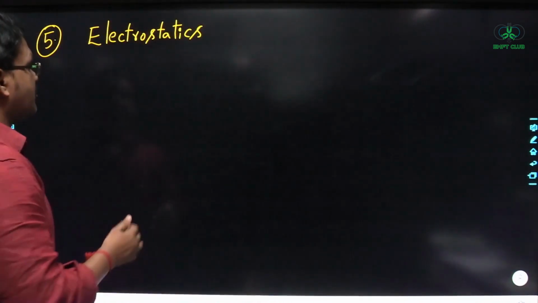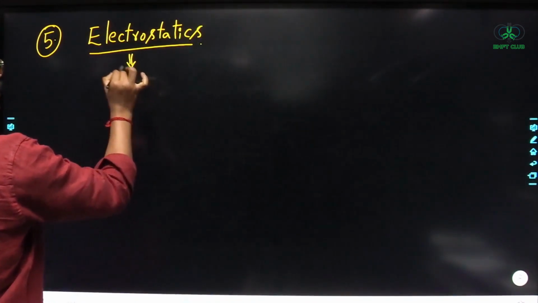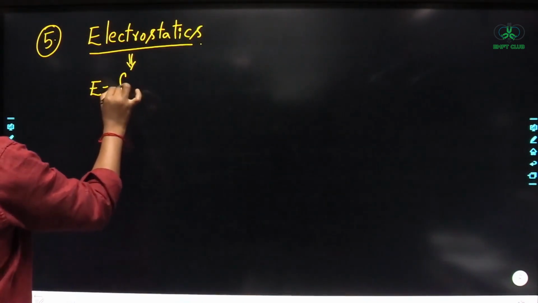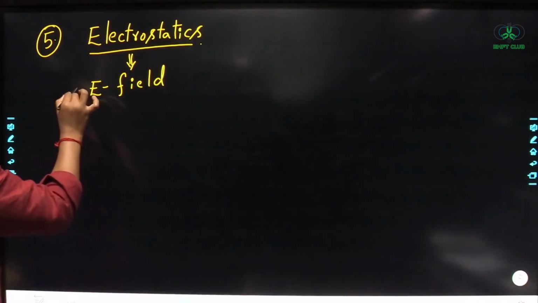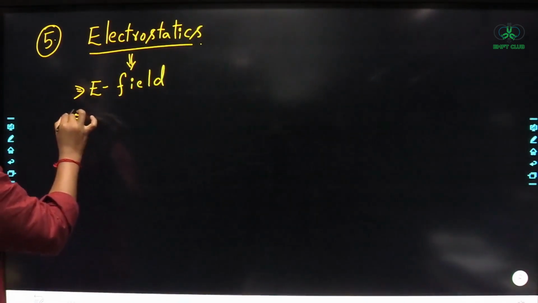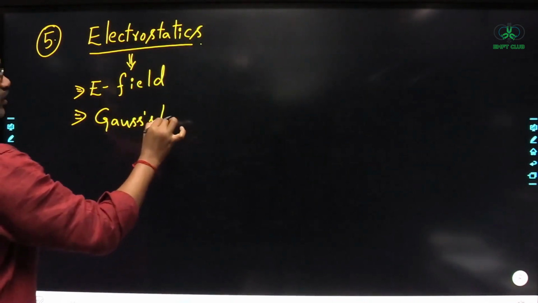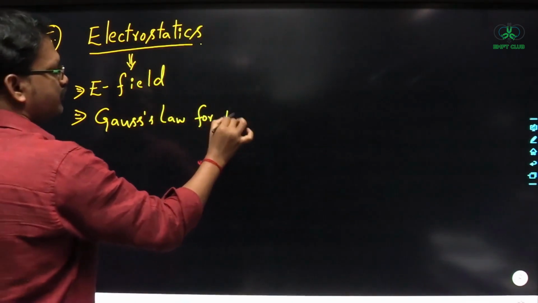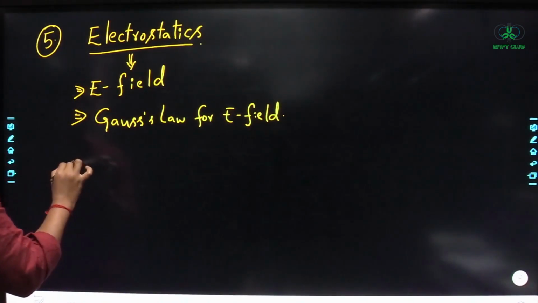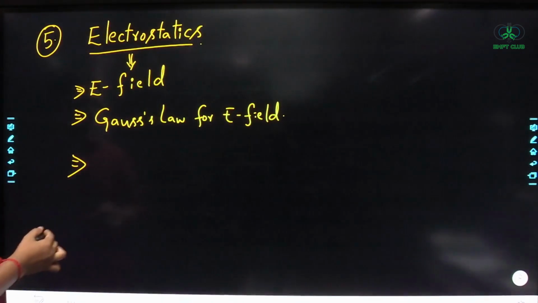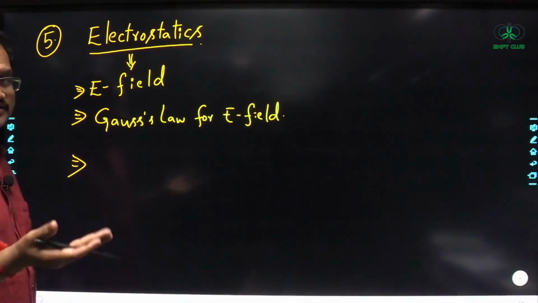In electrostatics, first we have to understand what we mean by electric field. Once we understand that, we have to study Gauss law for electric field. We are going to study in depth Gauss law for electric field and also its applications.